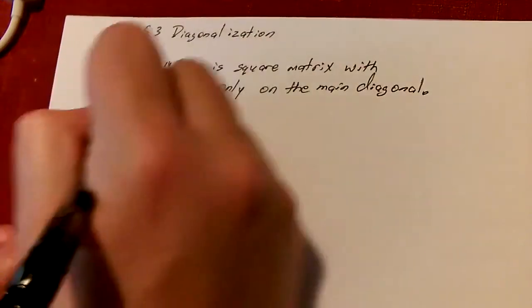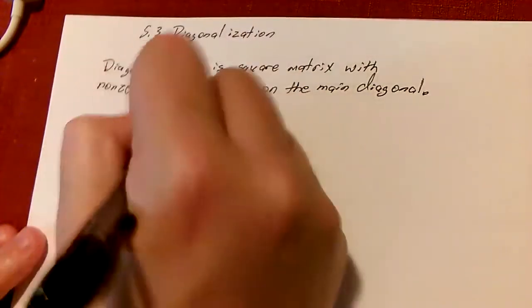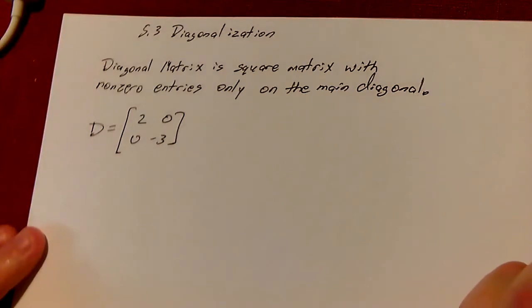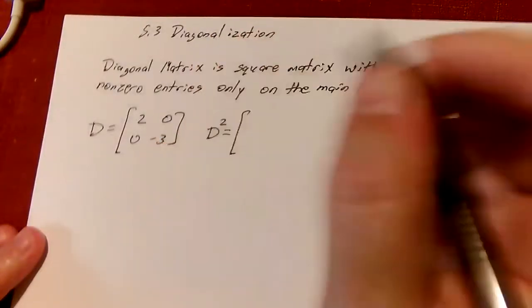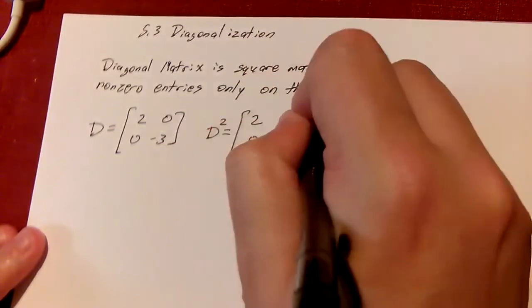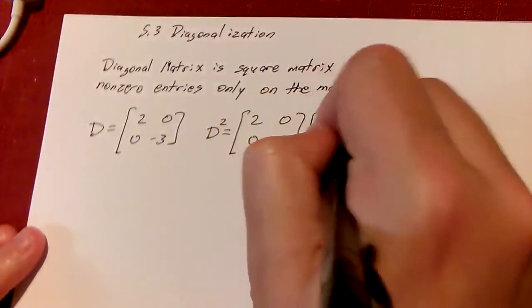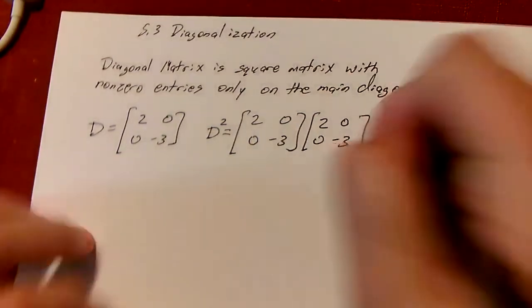So if I have a diagonal matrix D that looks like 2, 0, 0, -3. So I have 0, 2, and -3 on the diagonal. And the first thing to notice here about diagonal matrices, and the reason that they're so useful, is that if I take D squared, I am multiplying D times D. When I multiply D times D, I'm going to go across and down.